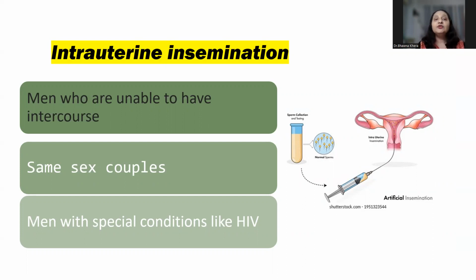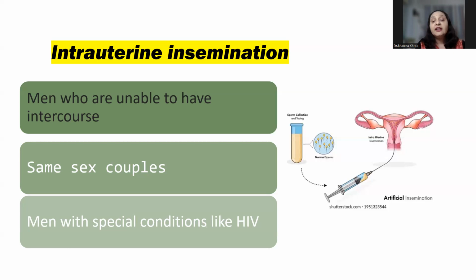Okay, it is only an answer in these three conditions: when men who are unable to have intercourse, or there are same-sex couples, or men with special conditions like HIV, where you need to do sperm washing if the criteria of allowing for normal intercourse are not fulfilled. That is, the patient is not on HAART or the viral count is high.